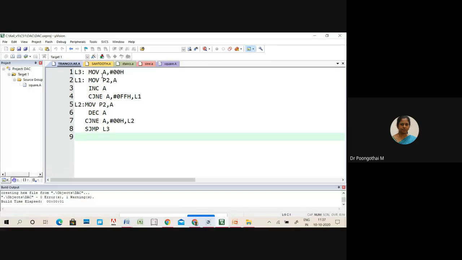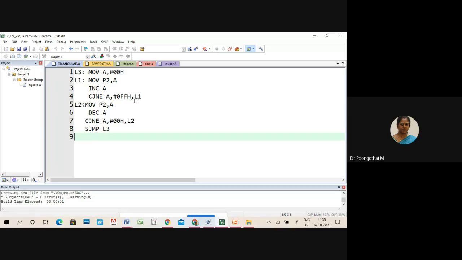So initially the accumulator is loaded with 0 and the accumulator content is transferred to P2. Perform the increment operation till it reaches FF. And next, load the maximum value. That is, now your accumulator holds FF, load that value into P2, perform the decrement operation, and each time you have to compare this accumulator value with 00. Okay? And repeat the same operation to generate a continuous triangular waveform.